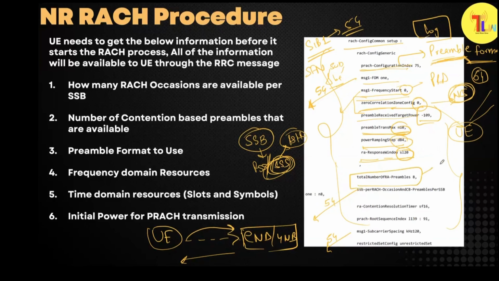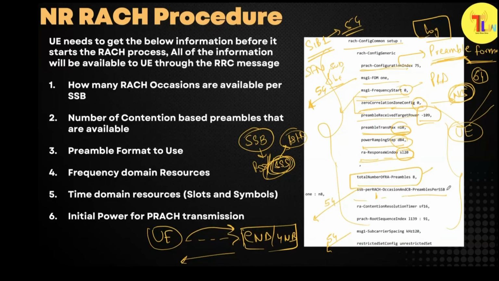Then total number of RA preambles. These are for the contention based ones, and there is a formula for that. The others are left for contention free and so on. Then SSB per RACH occasion, which we have seen, and CB preambles per SSB.